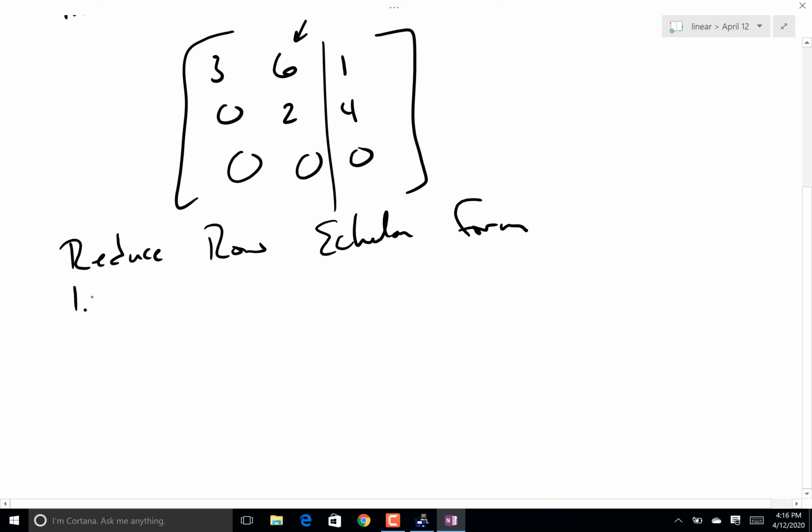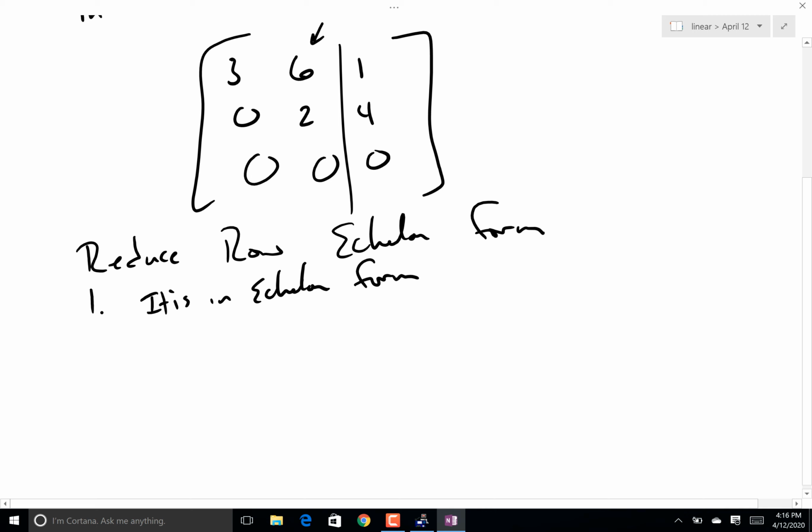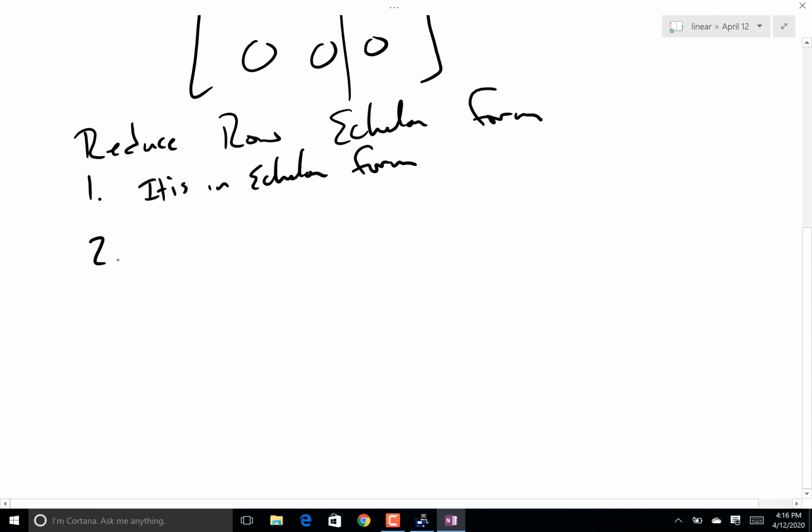It's in echelon form. So stair stepping, right? And the zeros are at the bottom if there's a full zero row. Okay. The leading entry is a 1. And each column containing a 1 has zeros everywhere else.